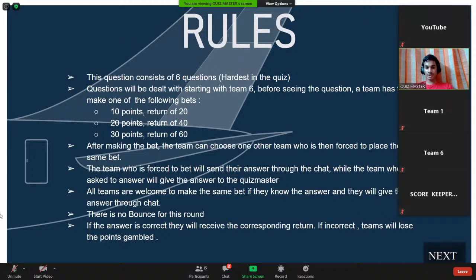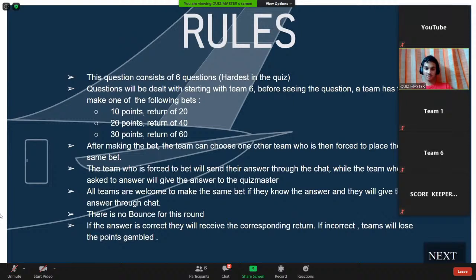Other teams who are not chosen are also welcome to place a bet, any of the bets they may choose, and they will do this through pounces. If they pounce, I'm under the assumption that they're placing the same bet as before.